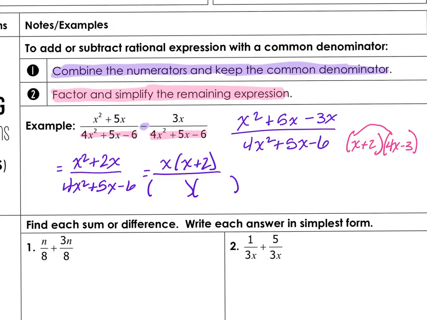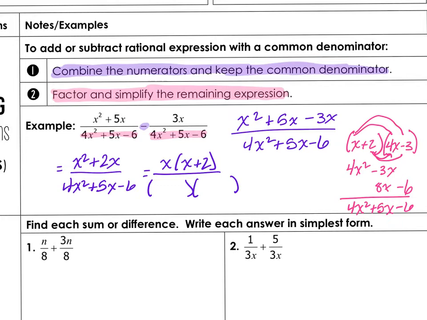So x times 4x is 4x squared. And x times negative 3 is negative 3x. And 2 times 4x is 8x, and 2 times negative 3 is negative 6. So I've got 4x squared plus 5x minus 6. Is that correct? Yeah, that's right.